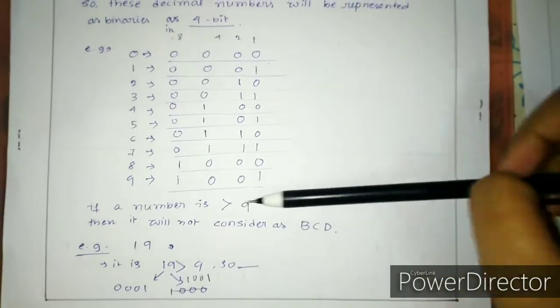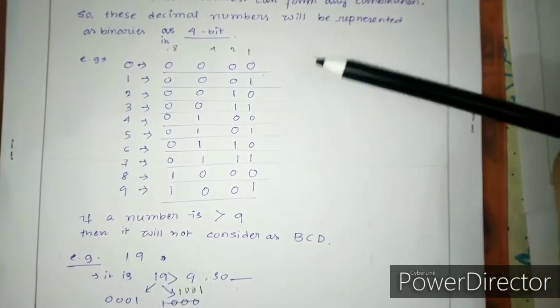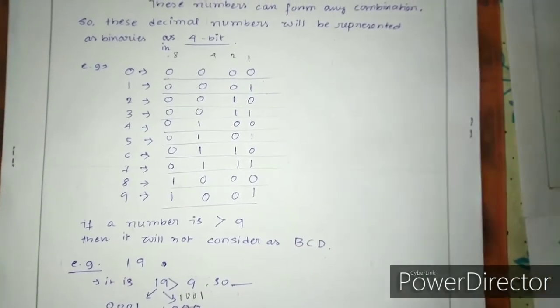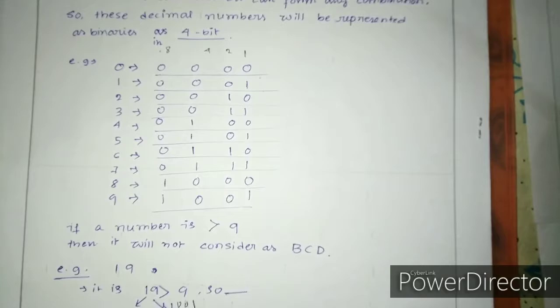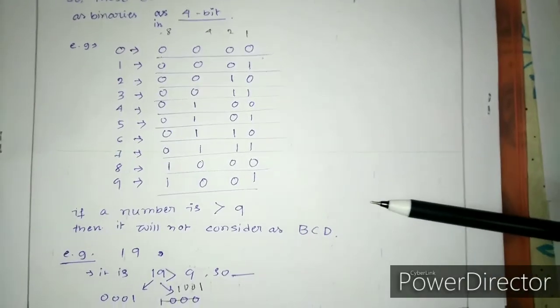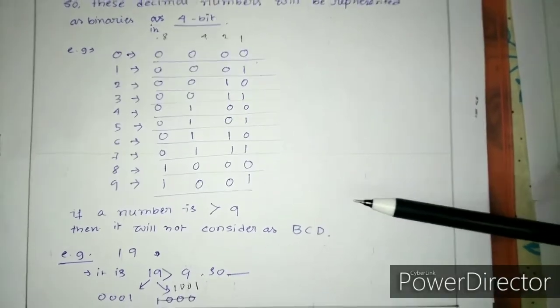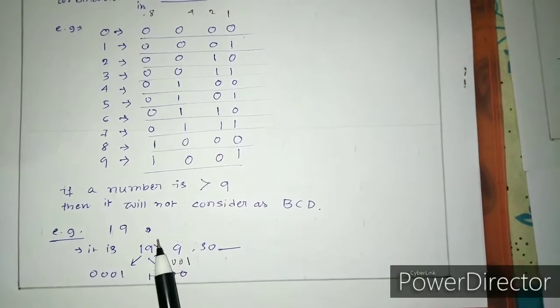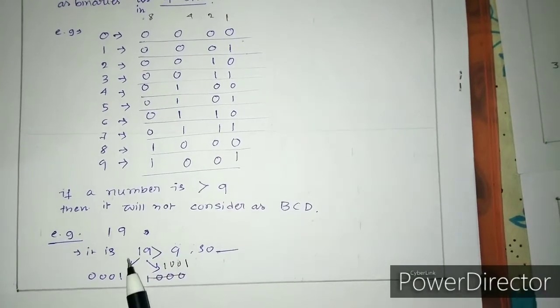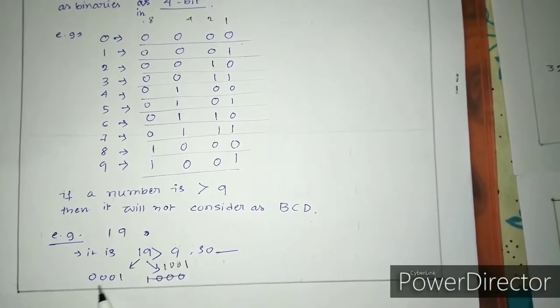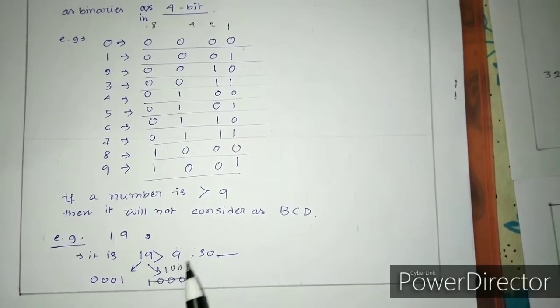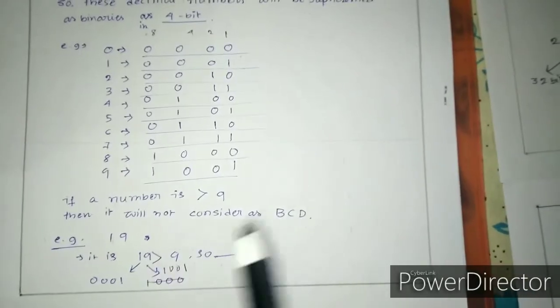Now if the number is greater than 9, it is not in the range of the decimal number system, so it will not be considered as a single BCD digit. What you have to do, suppose I take the example of 19, is split the digits 1 and 9. 1 will be represented as 0001 and 9, as you can see, 1001.